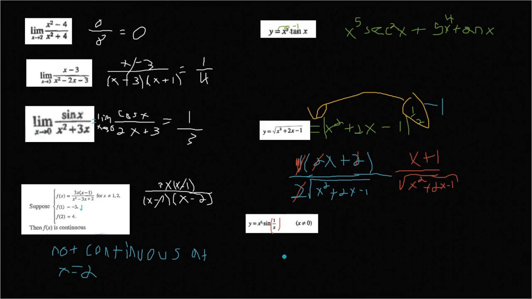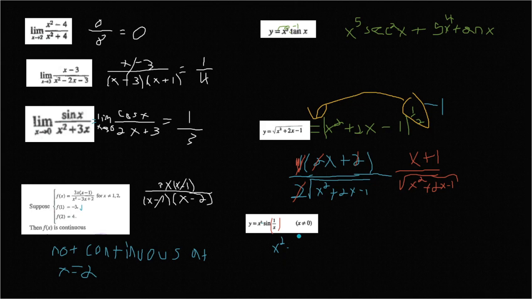So let's do some differentiating of this. So we're going to keep the first term, x squared. Boom. And then we're going to multiply by the derivative of the second. So the second function is sine of 1 over x. And so we're going to have to do a chain rule and a product rule here.